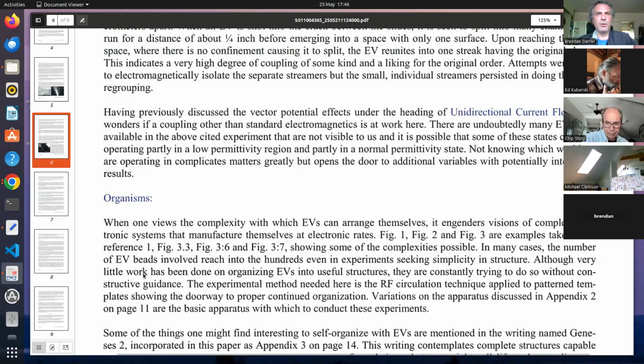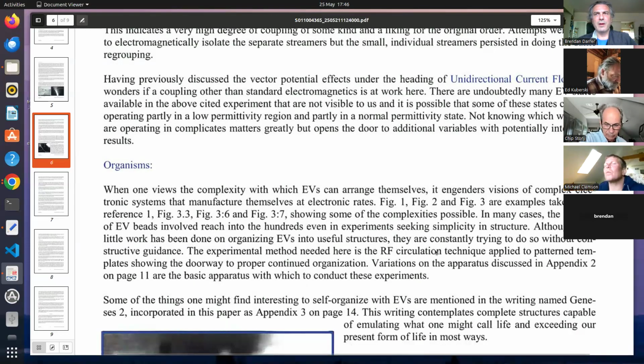Although very little work has been done on organizing EVs into useful structures, they are constantly trying to do so without constructive guidance.